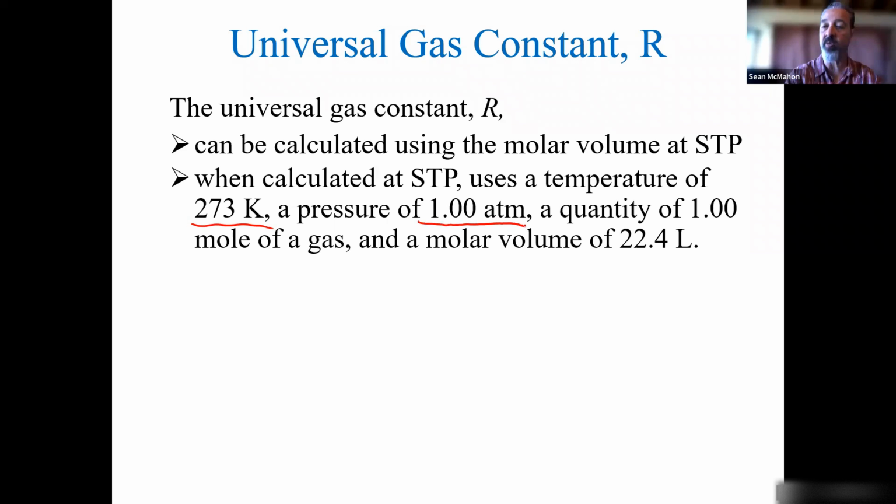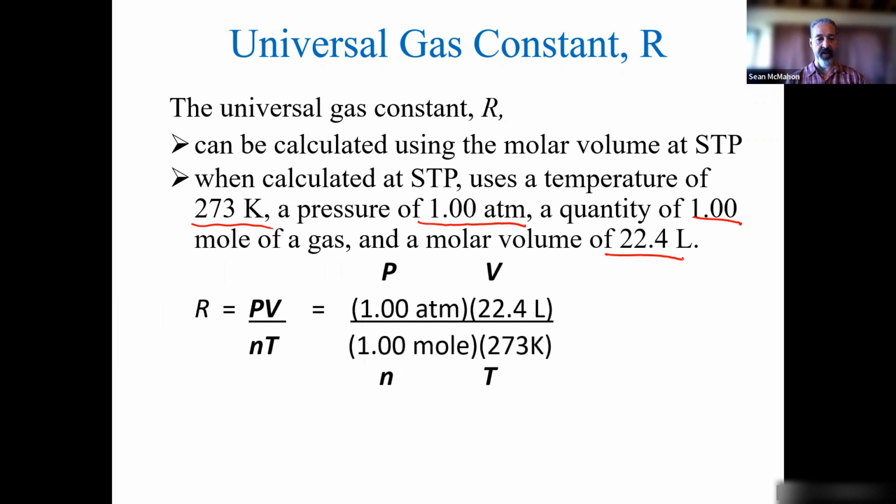The standard pressure is 1 atm. 1 mole occupies 22.4 liters. So if I plug that into the quotient PV over NT, like I have here, I get the constant, 0.0820.